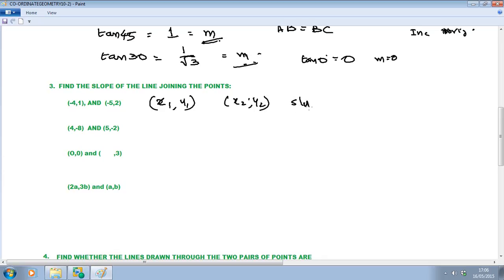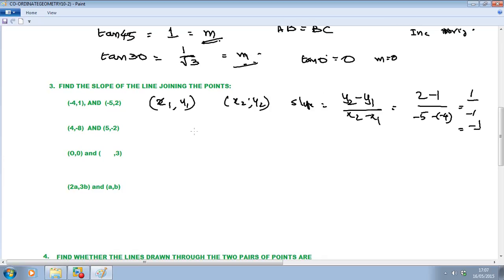So slope is equal to y2 minus y1 divided by x2 minus x1. Here y2 is 2, y1 is 1, so 2 minus 1 divided by x2, x2 is minus 5, x1 is minus of minus 4. So this is equal to 1 divided by this, which becomes minus. So this is equal to minus 1 is the answer. Slope is equal to minus 1.